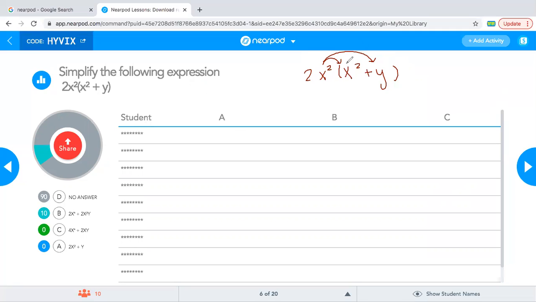Yes. So what am I going to do with their exponents? Add them. So what would that become? Yeah, so 2x to the power of 4. But when I multiply it with the y, are those the same bases? No. So you're just going to put them together: 2x squared times y. Does that make sense? Okay.